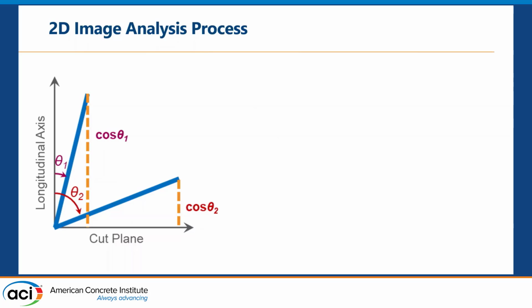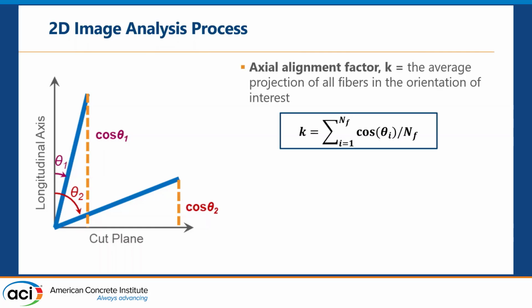So we can determine the angle theta, and what are we going to use theta for? Here, the two blue lines represent two fibers oriented at angles theta 1 and theta 2 from the reference axis, which is the vertical axis here.